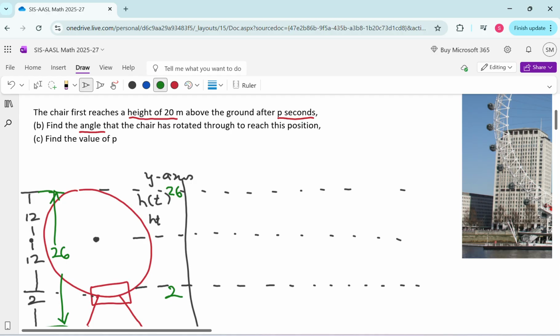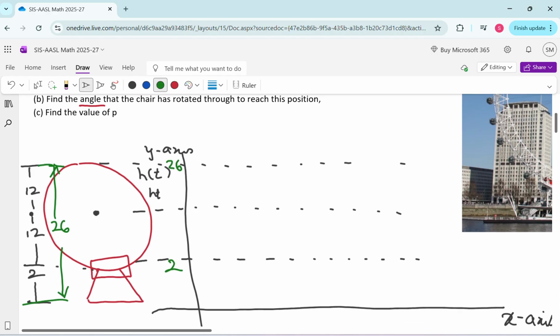Now there's a line which is going through the middle, which is also called the equilibrium line or the midline or the principal axis, which is exactly in the middle of 2 and 26. And it is going to be at 14. So you can see equal distance from here to here. 14 plus 12 is 26 and 14 minus 12 is 2. So this is our principal axis here at y equals 14.